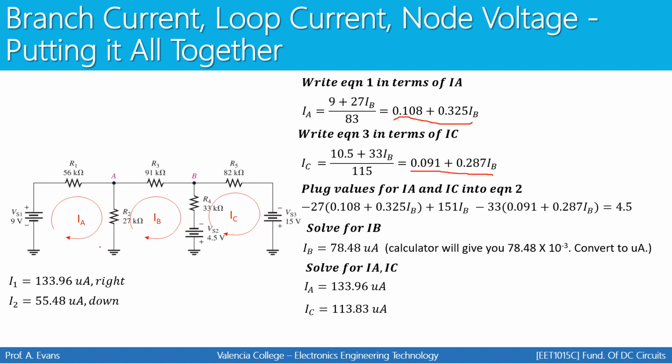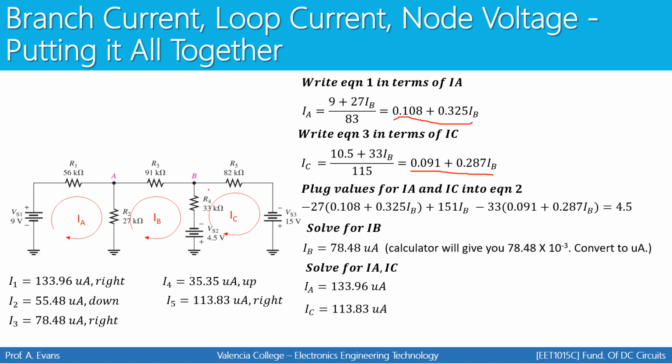So the direction of I2 is down. We know I3 has to be the same as IB. We know I4 has to be the difference between IB and IC. IC is bigger and IC flows up through R4. And then I5 has to be the same as IC.